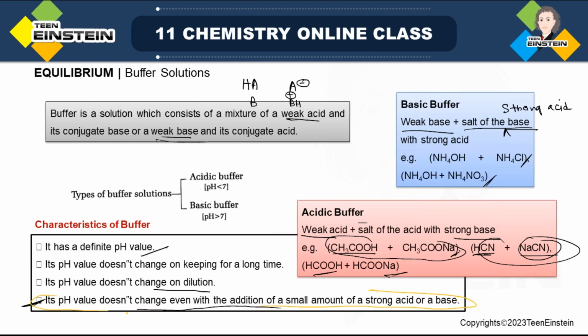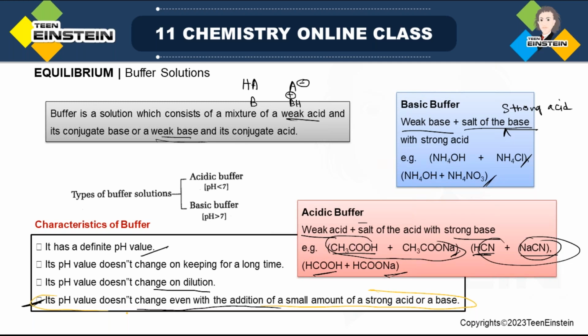Suppose some particular reaction you want to do while maintaining a fixed pH, then you have to use this type of buffer solution, where if a slight amount of strong acid or base is added by chance, or suppose in the reaction that you are doing you have to use some reagent in a very small amount, obviously a small amount of strong acid or strong base used as a catalyst, it will not create any problem if you are doing the reaction in a buffer solution. The pH will still be maintained. Okay, so it doesn't change even with the addition of a small amount of strong acid or strong base.